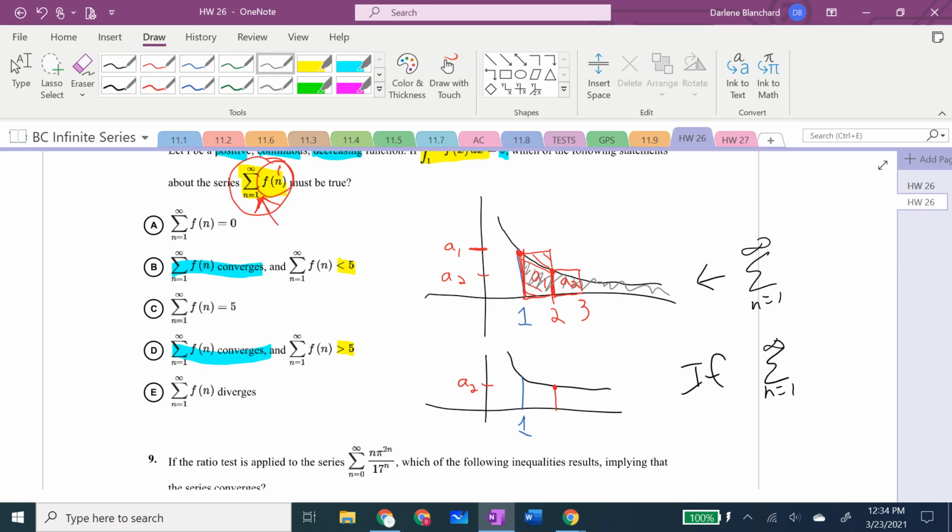You need to look at where your shaded region is for the integral. And then if this is your first term, you need to go back 1 unit to be able to compare the area that sigma creates in relation to the area that the integral creates.